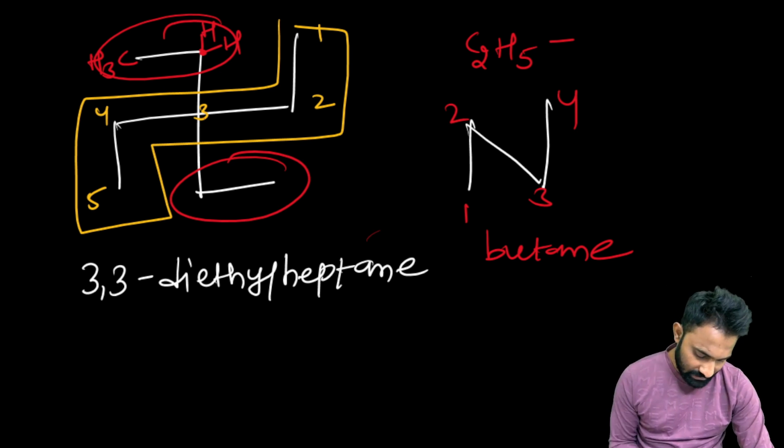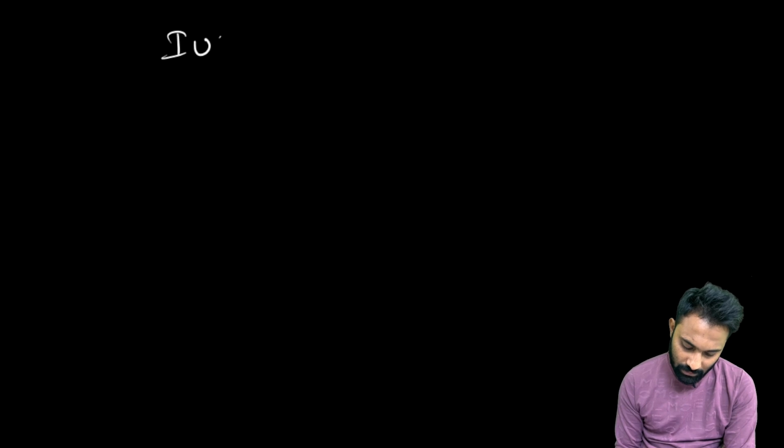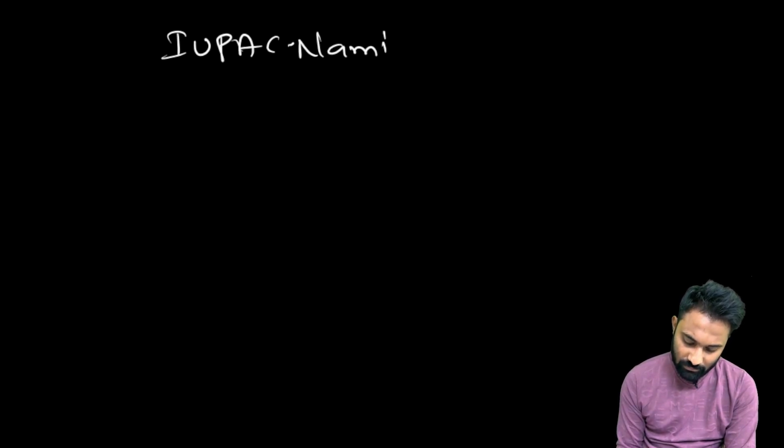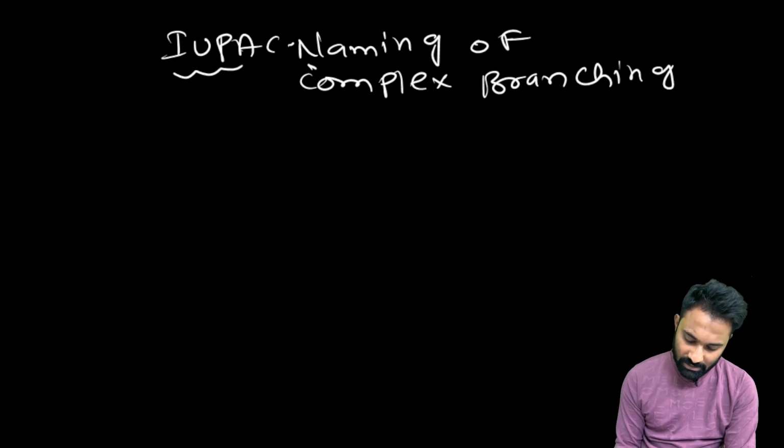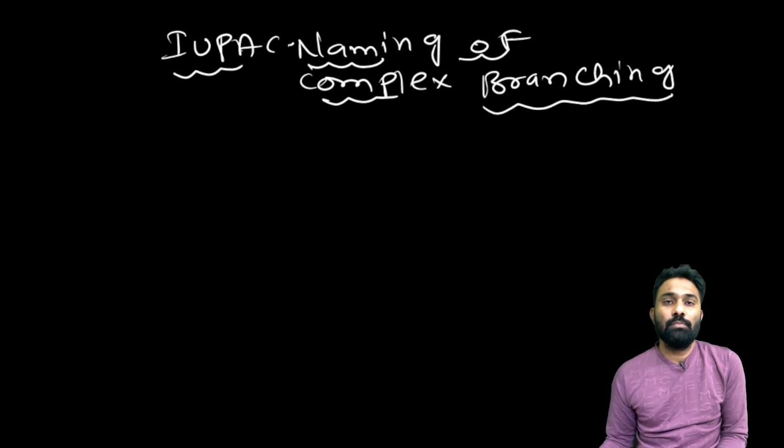Now, just now I explained. Suppose if there is any complex branching, and they have given the IUPAC naming of complex branching. If the complex branching is present in the parent carbon chain, how do we write the IUPAC name for it?